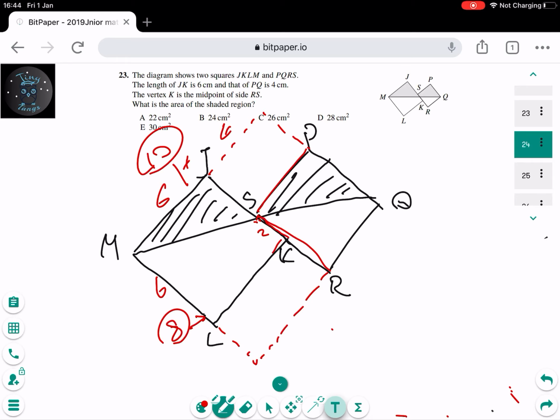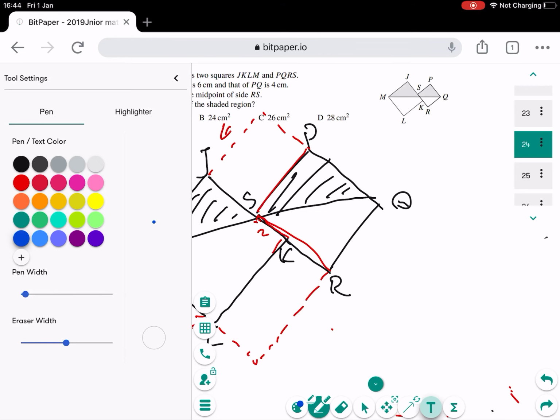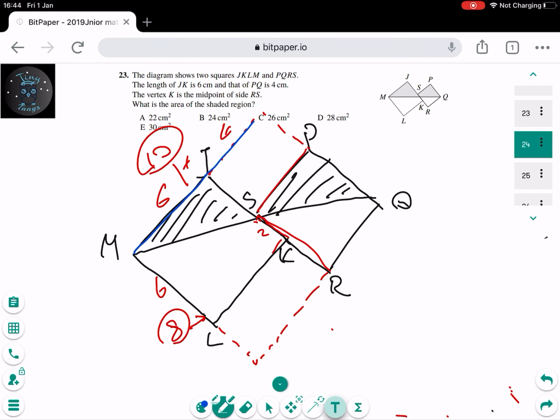So this shape is exactly half of the rectangle. We do 10 times 8 equals 80, and we divide that by 2, so 40 is our right angle triangle here.